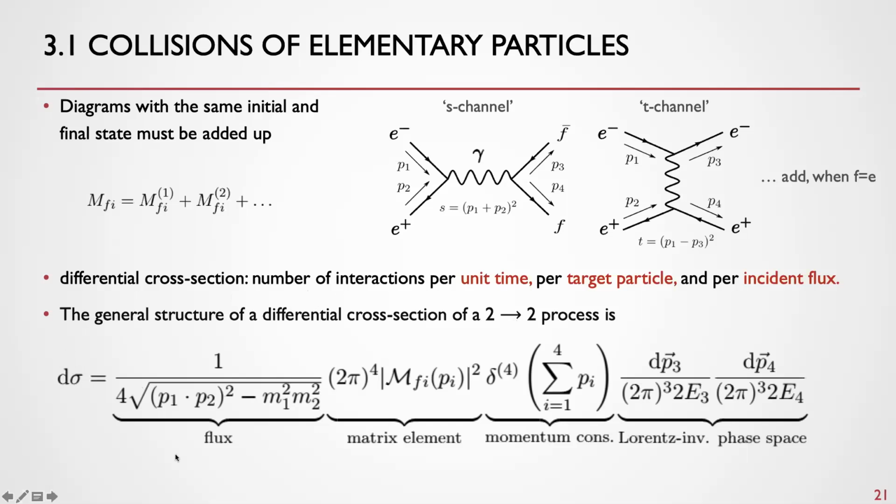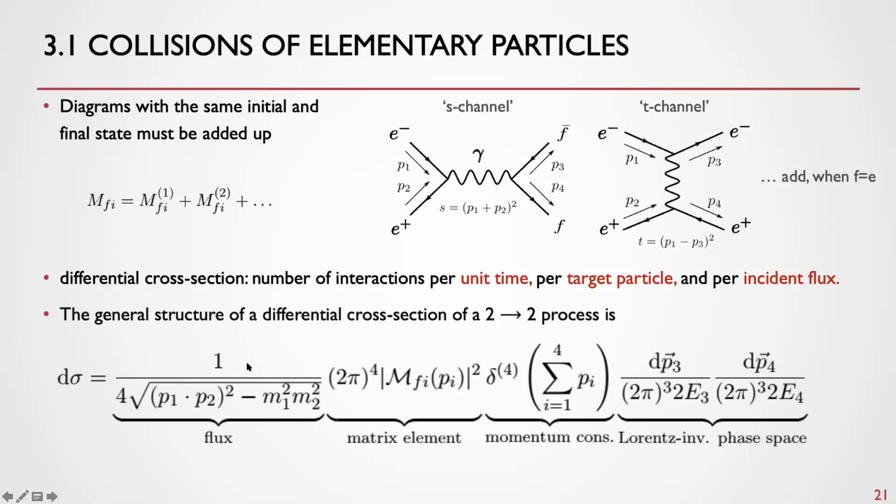This here is the relativistic form of the reciprocal value, 1 over the velocity difference of the initial state particles.